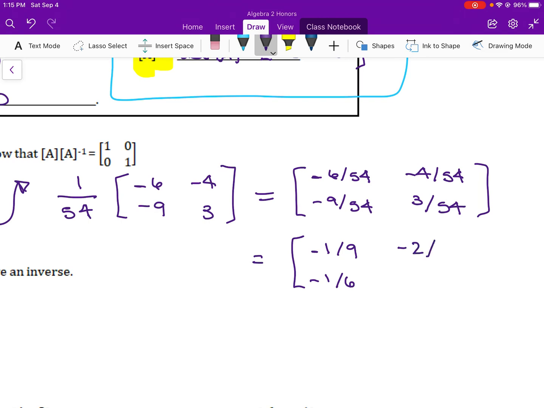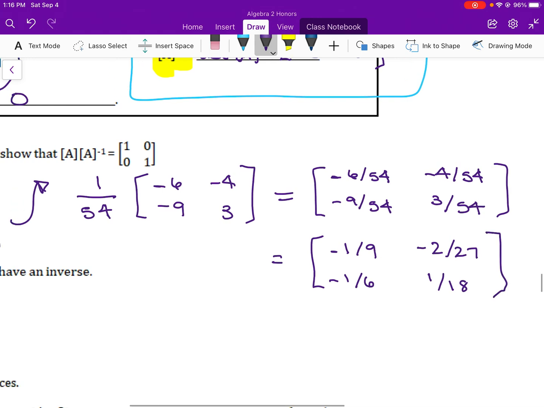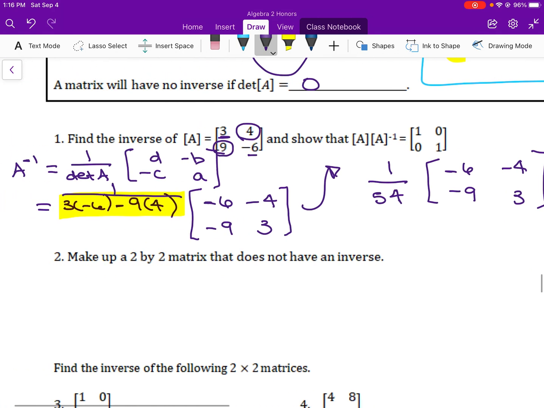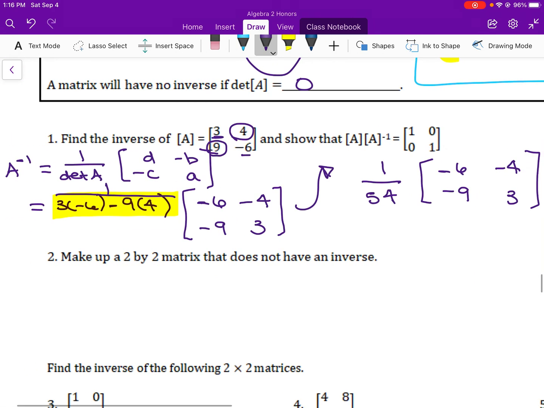So I can go ahead and change this to negative 2 over 27. And then 54 is divisible by 3, so this would reduce to 1/18. So these are kind of heavy lifters, huh?